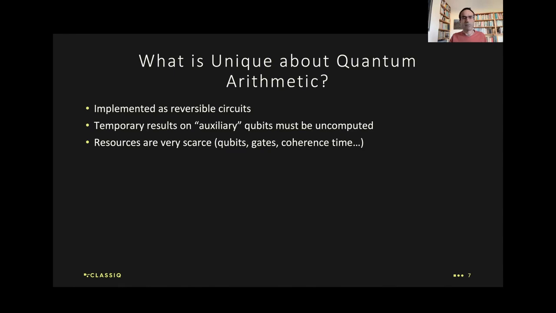Even on your mobile, there are very, very long sequences, as we speak, of arithmetic performed on 64-bit registers, on a whole bunch of them, and this is something that is hard to imagine even in the foreseeable future. So the scarcity of resources in quantum computers is something fundamental to the problem.